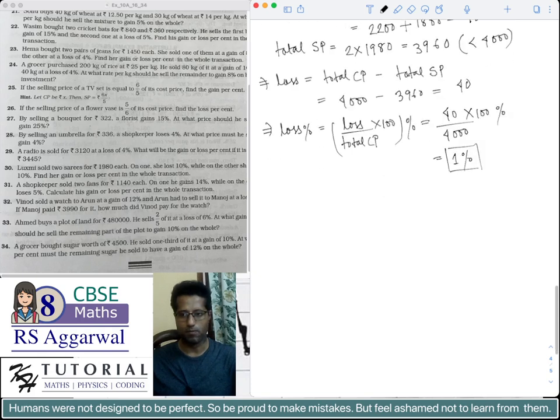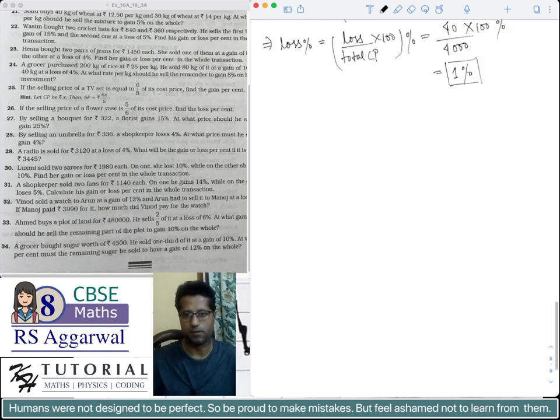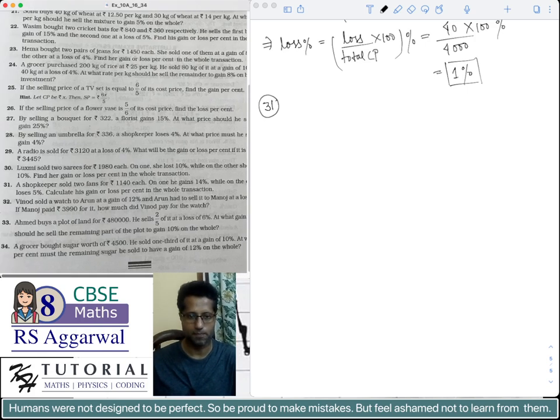Let's do problem number 31. A shopkeeper sold two fans for rupees 1140 each. On one he gains 14%, while on the other he loses 5%. Calculate his gain or loss percent in the whole transaction.